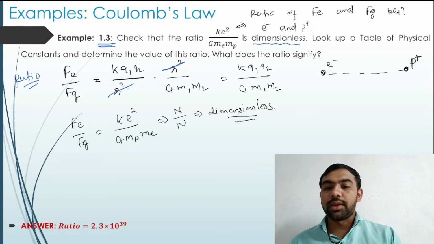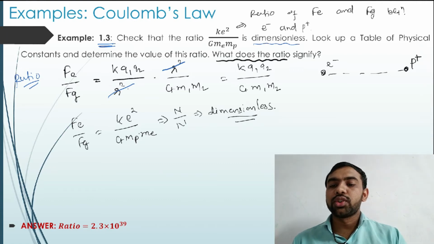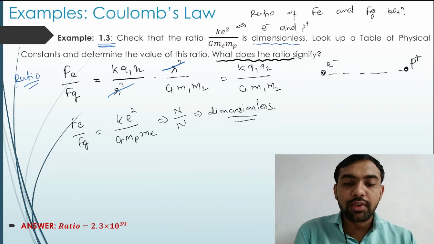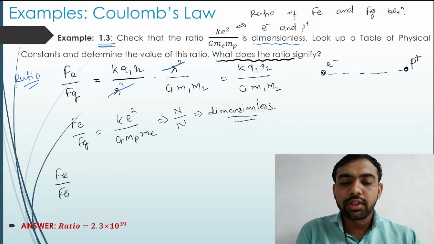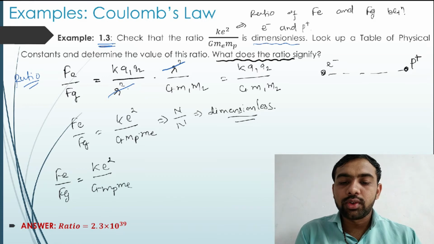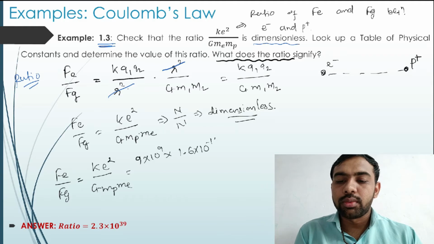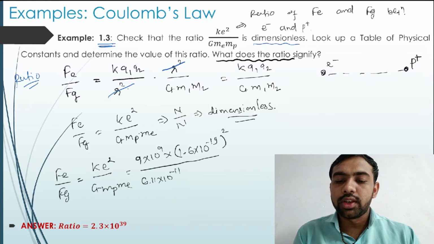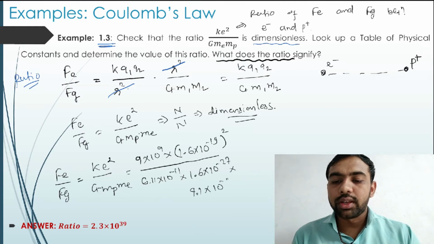Let's see what does the ratio signify. Second question is what does the ratio signify. If you find this ratio Fe upon Fg, it is equal to k e square upon G m proton m electron, which is 9 into 10 raised to 9 into (1.6 into 10 raised to minus 19) square upon 6.67 into 10 raised to minus 11 into mass of proton 1.6 into 10 raised to minus 27 into mass of electron 9.1 into 10 raised to minus 31.